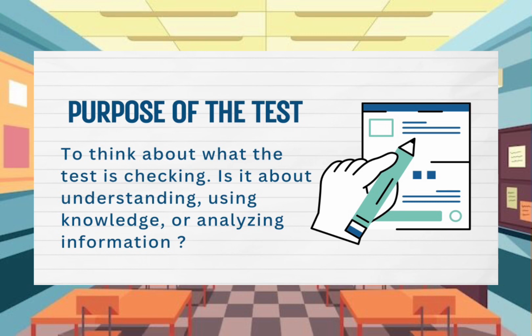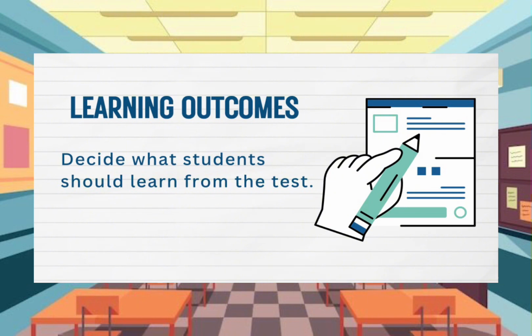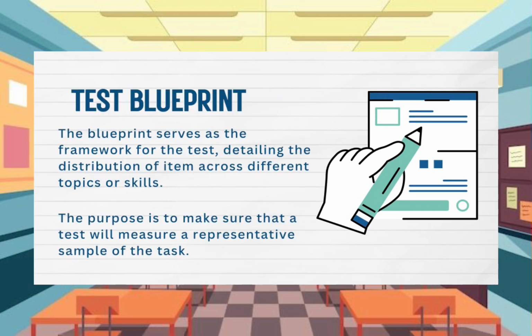The second one is learning outcomes. Decide what students should learn from the test. These goals show what students should know or show they can do after learning. The third one is the test blueprint. The blueprint serves as a framework for the test, detailing the distribution of items across different topics or skills.